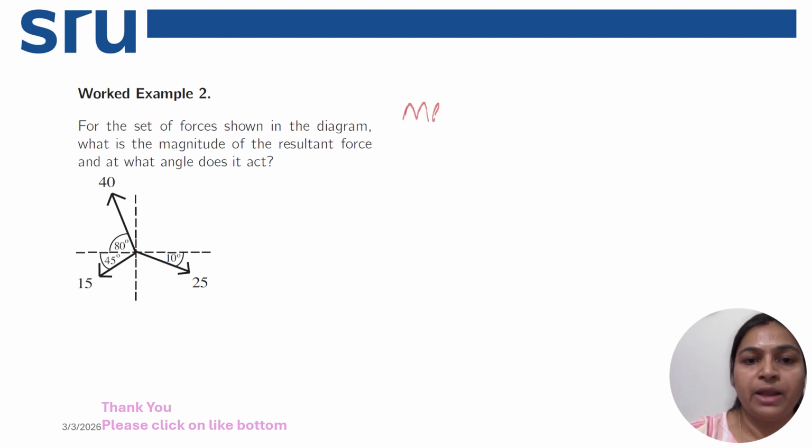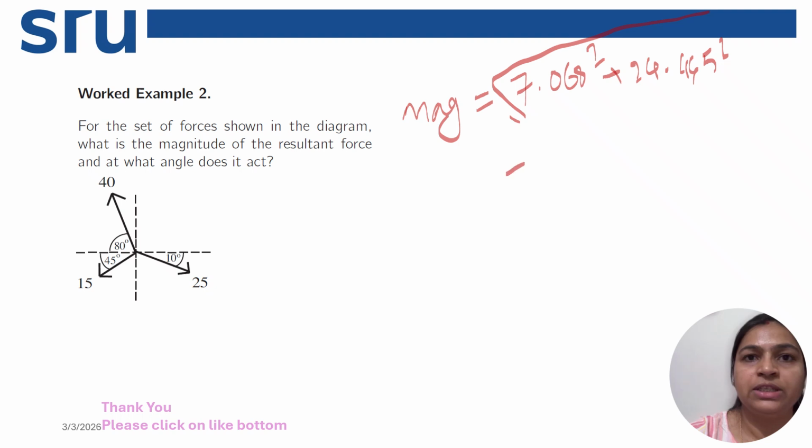So the magnitude is basically the square root of 7.068 square plus 24.445 square, which is basically equal to 54.45.